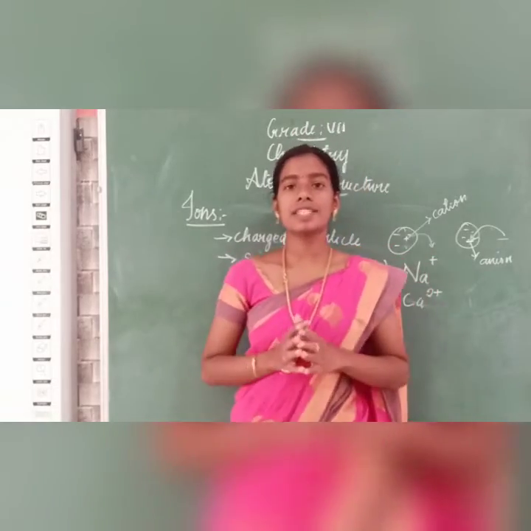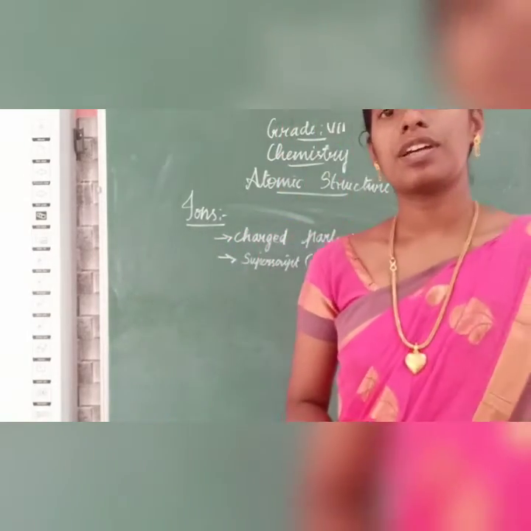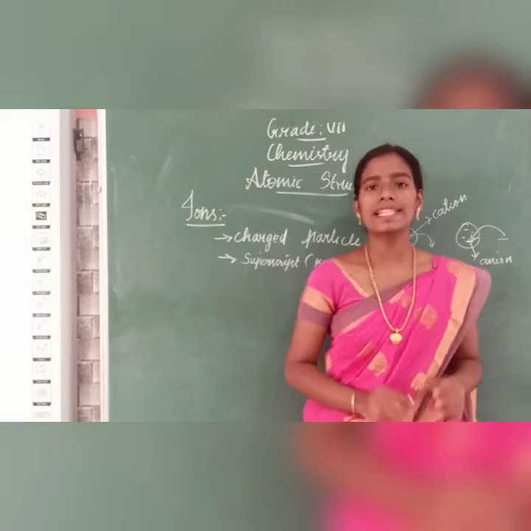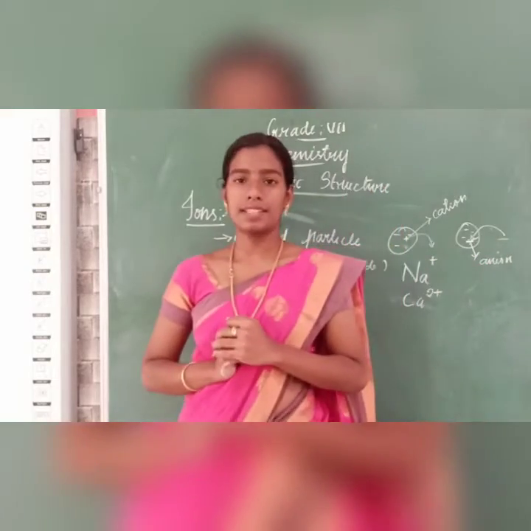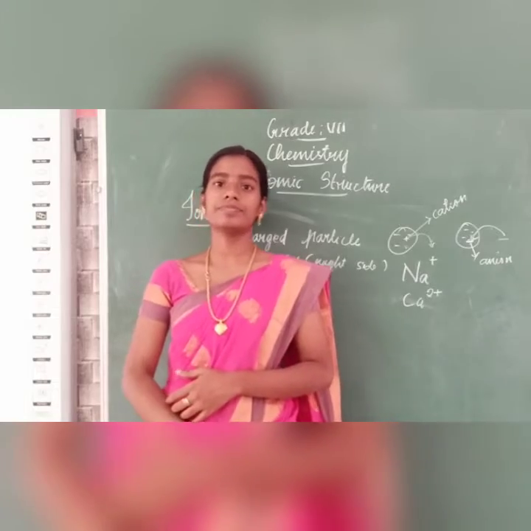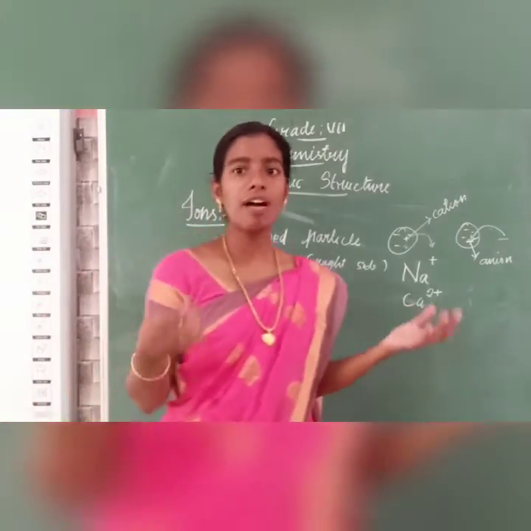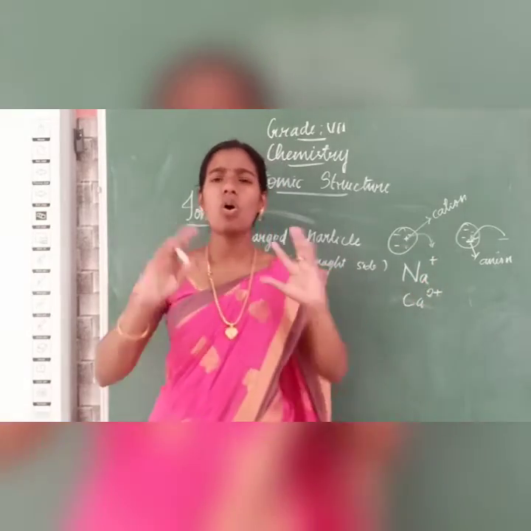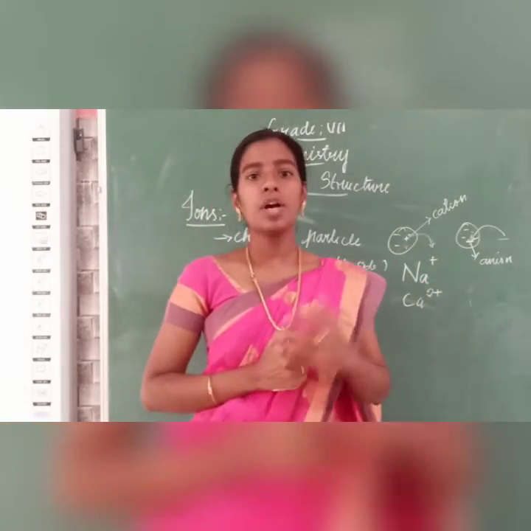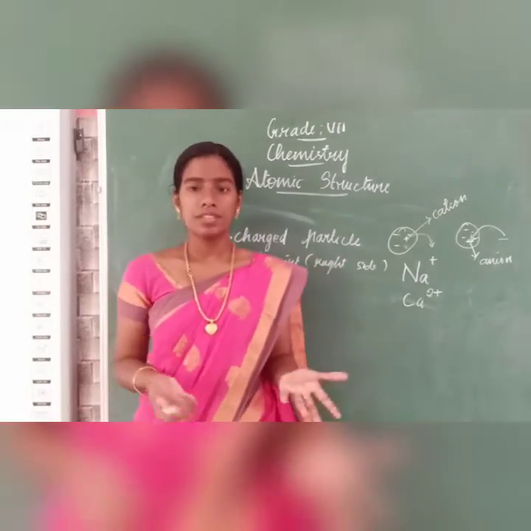The next one is ions. What's an ion? Ions means it will be a charged particle. How is it becoming a charged particle? By losing or gaining an electron. All the atoms will be having protons, electrons and neutrons.